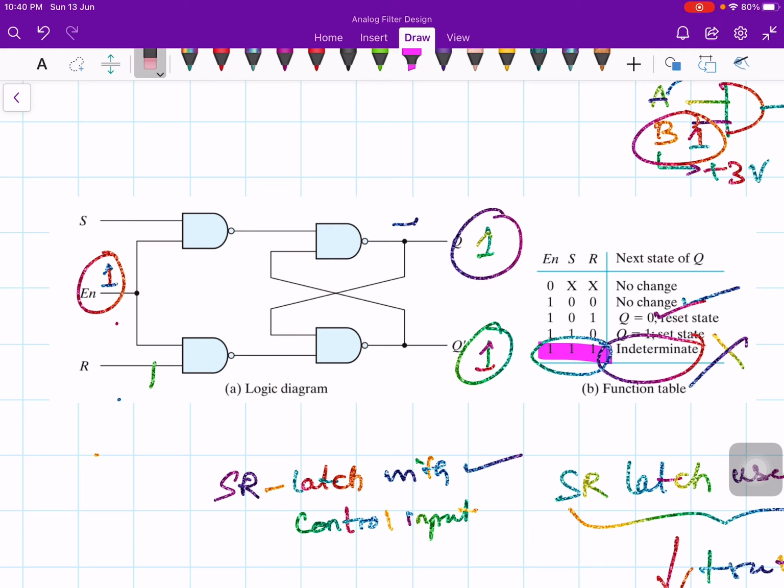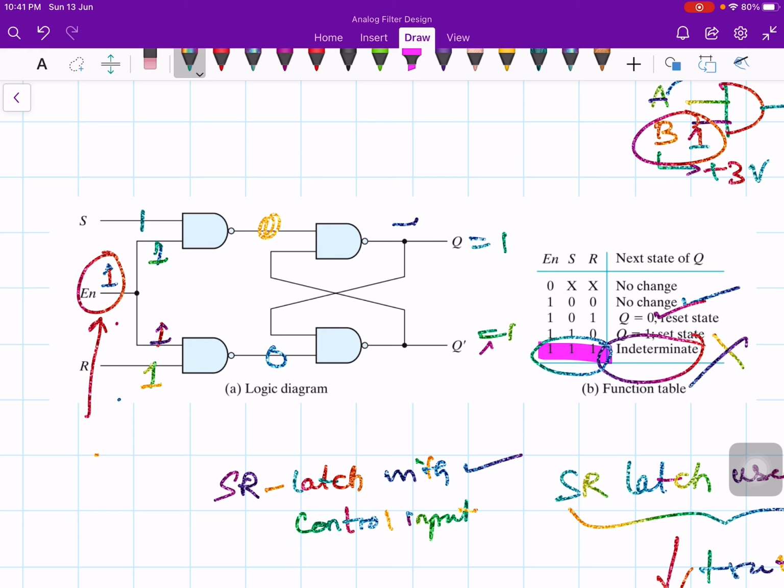If all inputs are 1, this is 1, this is 1, this is 1, and this point is 0 and this point is 0. So if both inputs are 0, then the outputs become 1 1. So this is an undefined state.